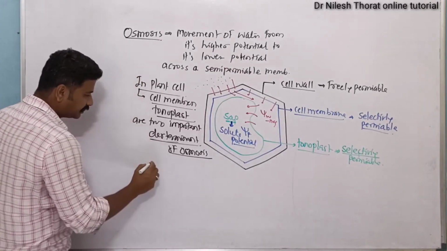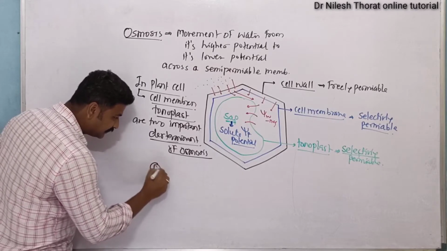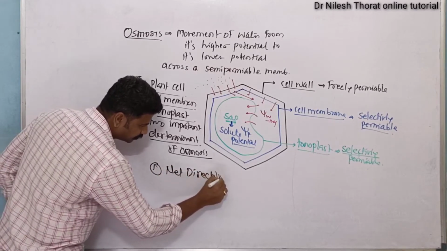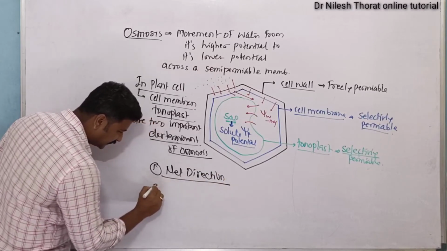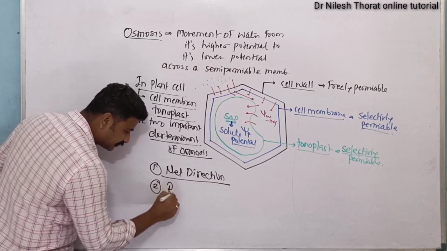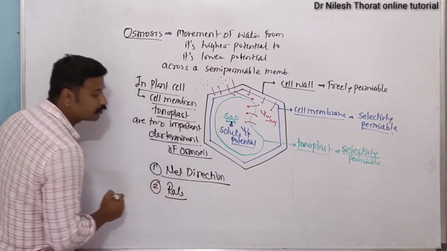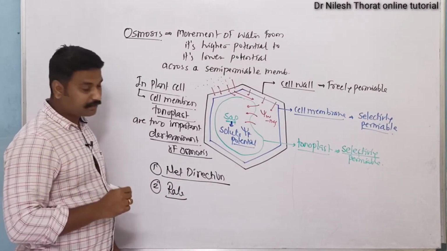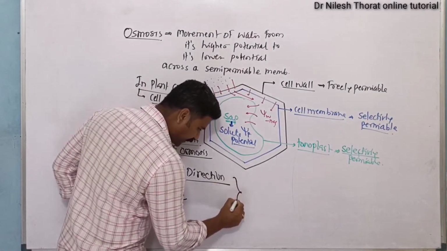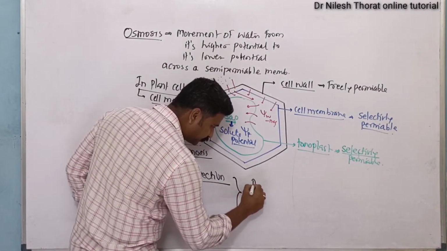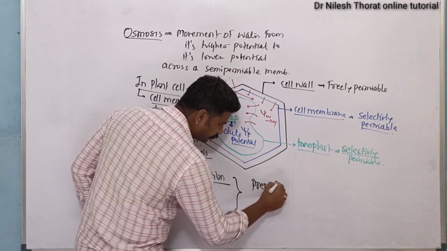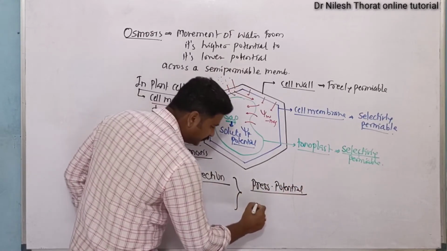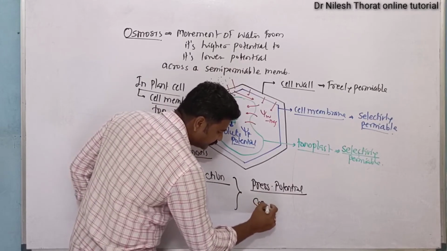So here the net direction and the rate at which the water will move from outside to inside will be determined by two factors, that is pressure potential of water and concentration gradient of water.